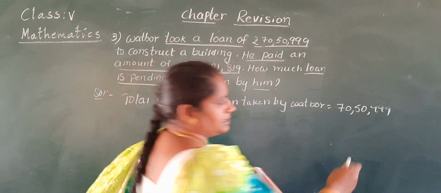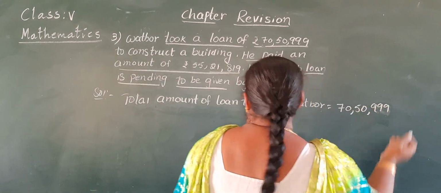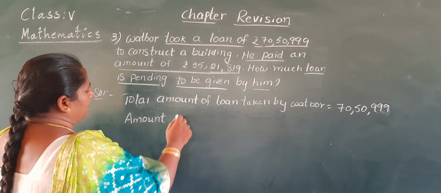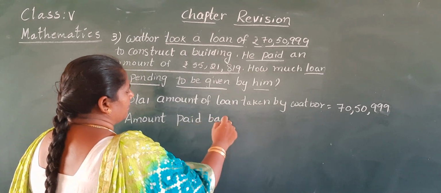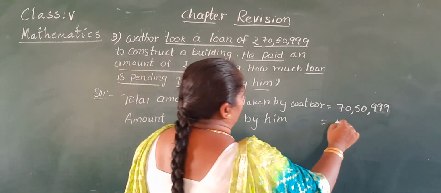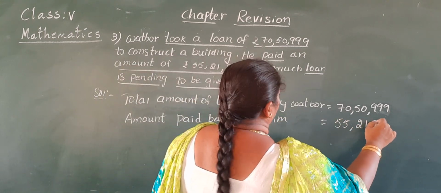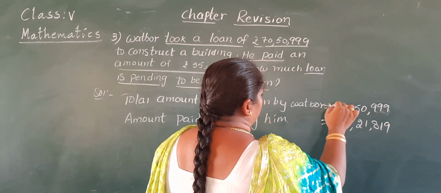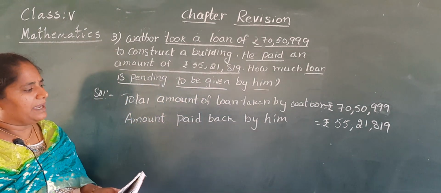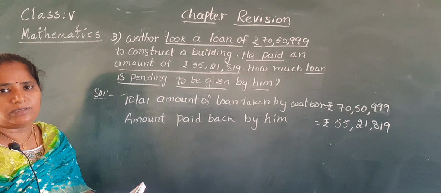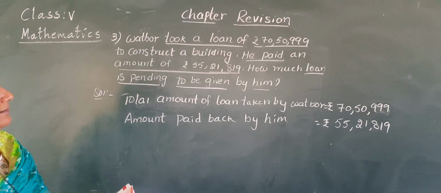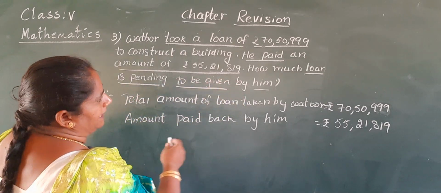Okay, ma? So amount paid back by him. So how much amount he paid back? Yes, 55,21,819. Sorry, Nana, rupees you have to keep here. Okay, so amount paid back by him equal to 55,21,819. Now, pending amount to be paid.